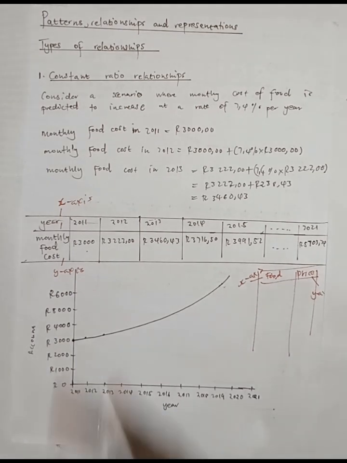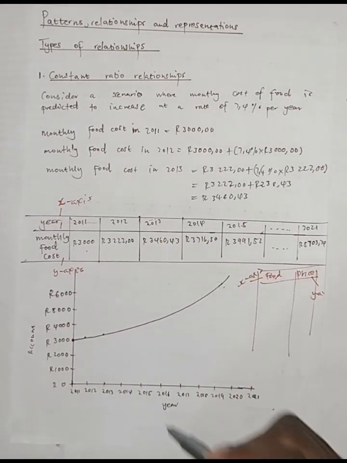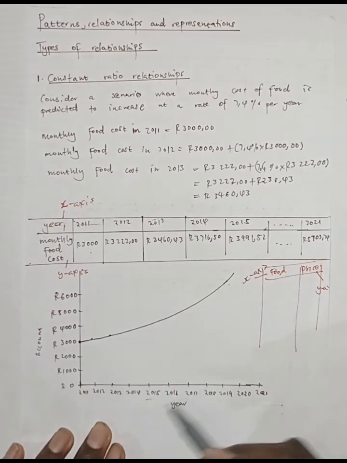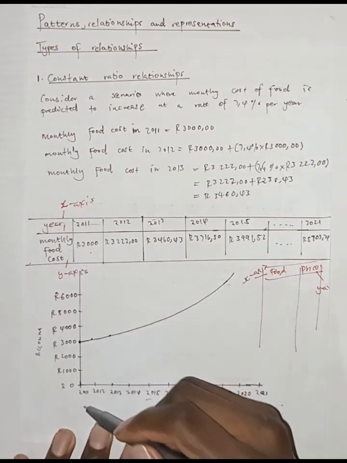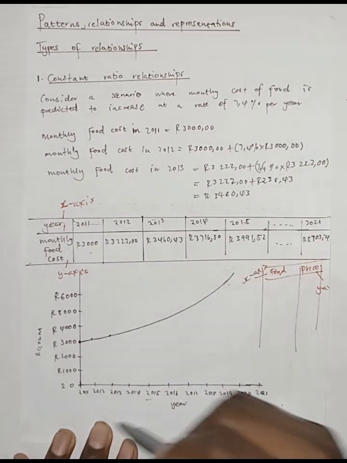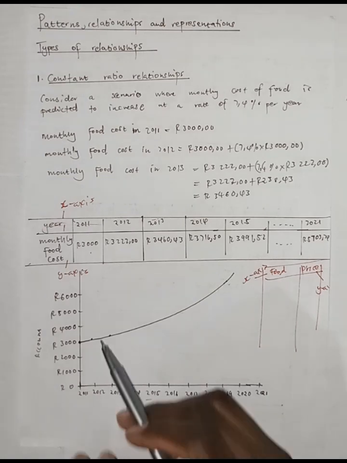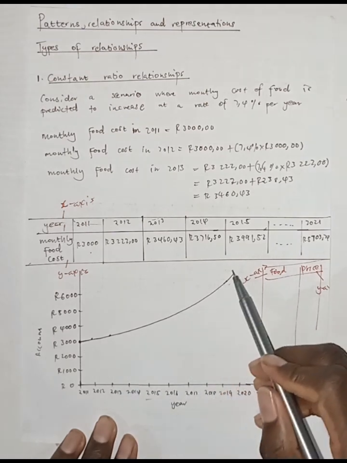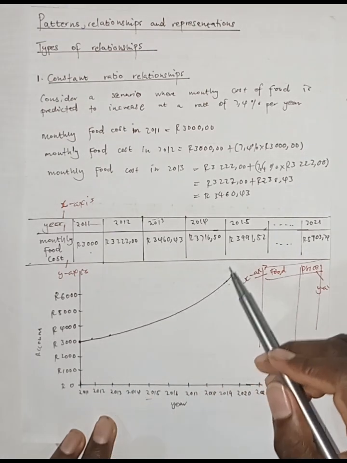Just like here, the year is on the x-axis, 2011 up to 2021, and the monthly food cost, 3,000 and so on, is on the y-axis. Now my graph is not very accurate, but what you must know is that it grows exponentially.